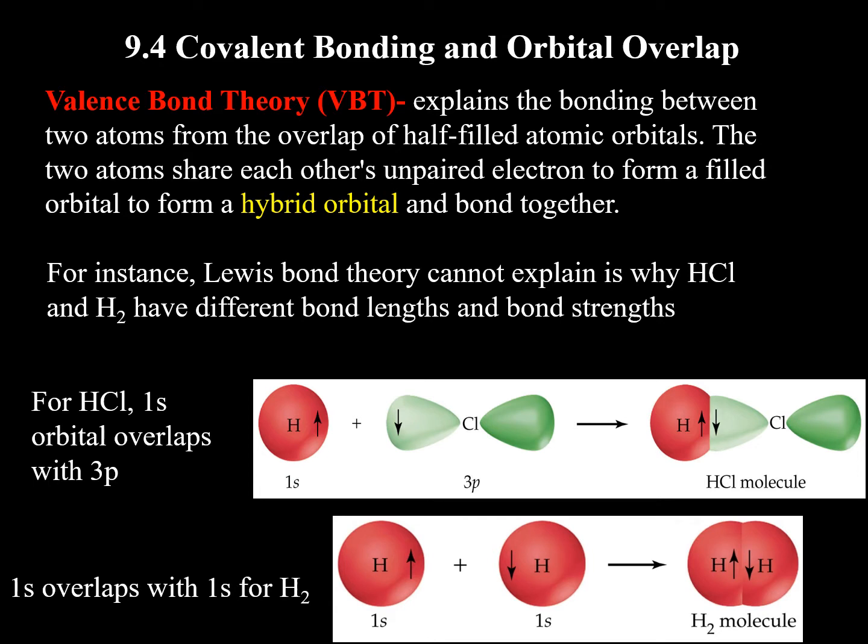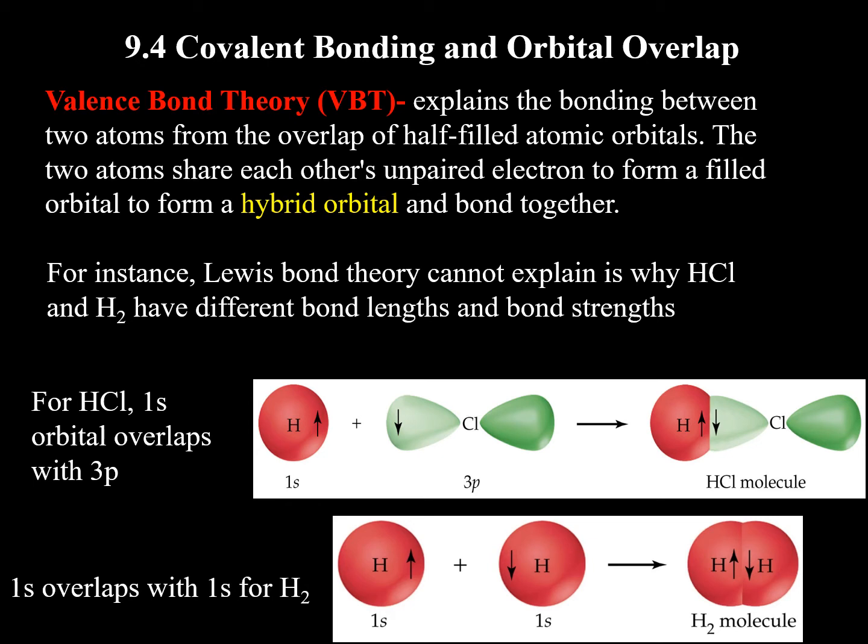So if we look at HCl, we have the 1s overlap with the 3p. If we remember from our chapter 6 electron configurations, we have 1s from the hydrogen, and with the Cl we have 1s2, 2s2, 2p6, 3s2, 3p5. We only focus on the outer shell, so level 3. For HCl, we have one of the 3p orbitals.